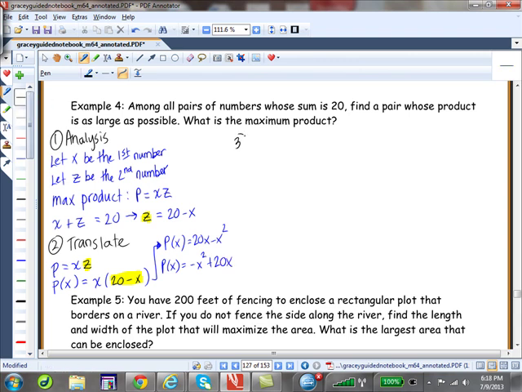So now we have something quadratic in form. They're asking us what's the maximum product. So we find the vertex, right? So we're going to find the vertex.